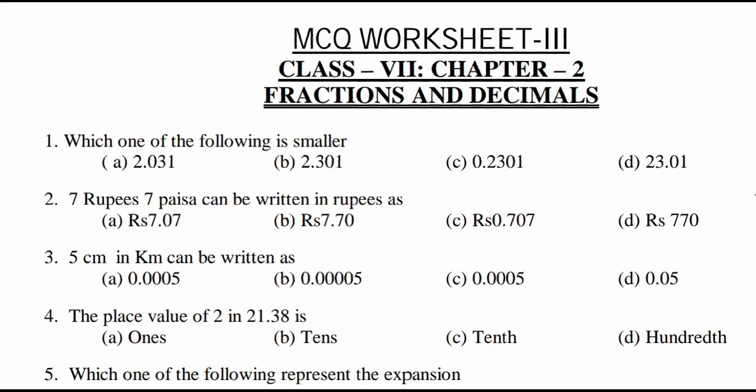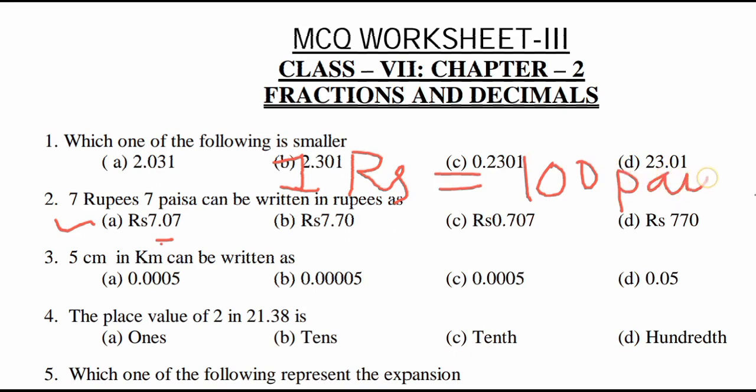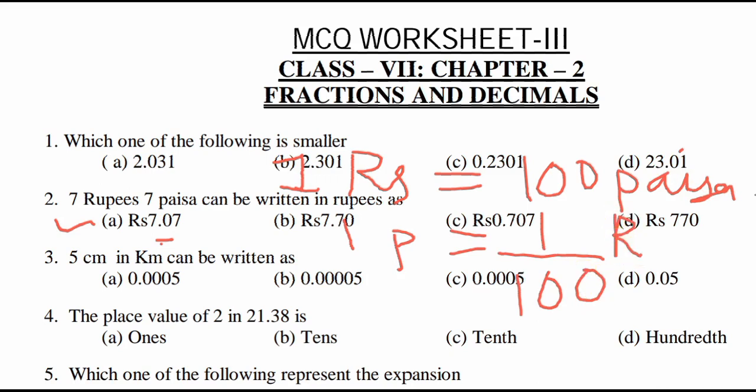Because we know that 1 rupee is equal to 100 paisa, or you can write 1 paisa is equal to 1 upon 100 rupees, and you can write in decimal 0.01.